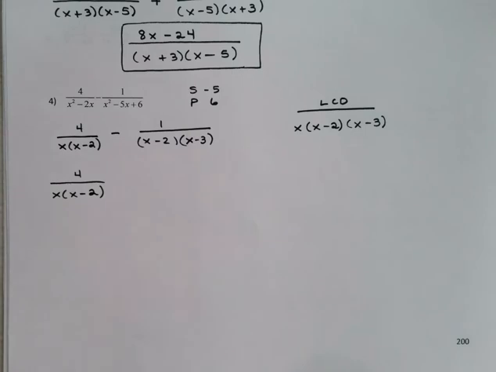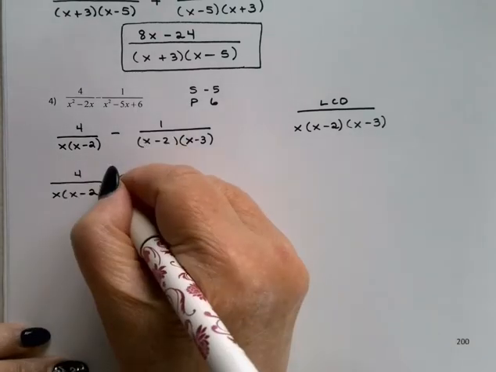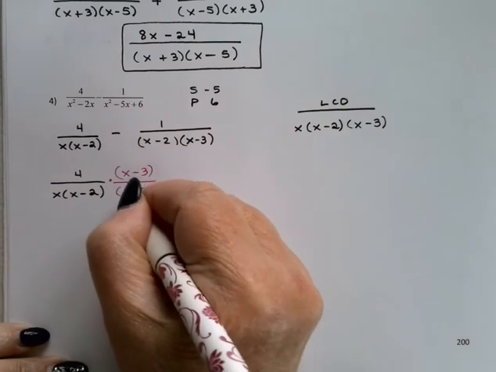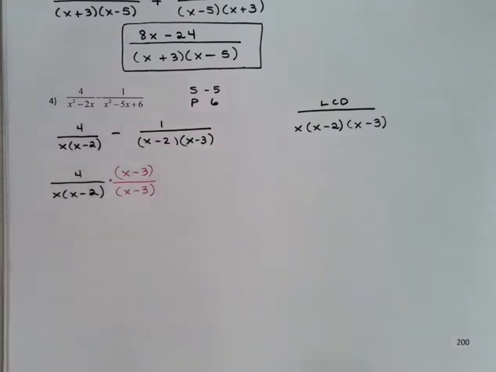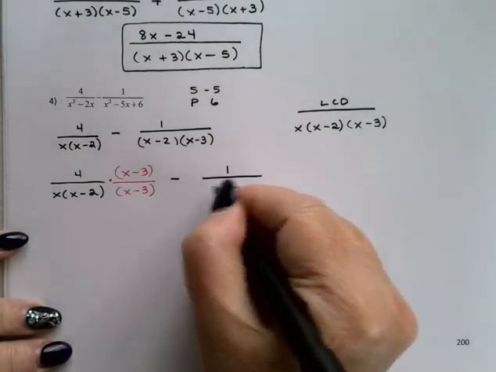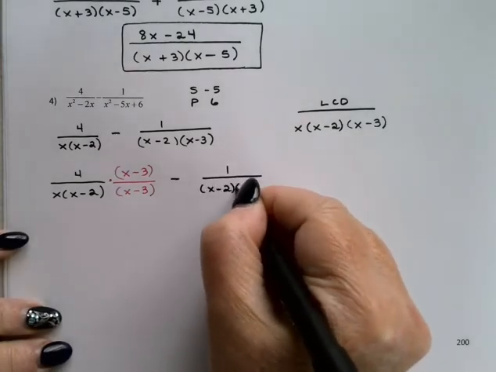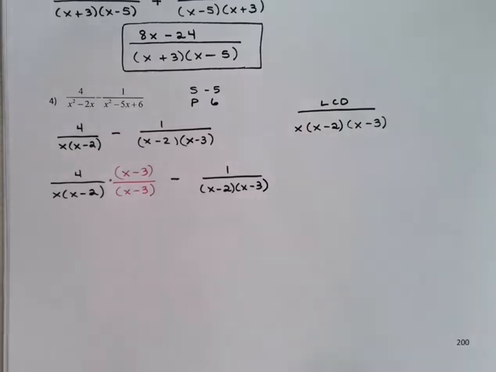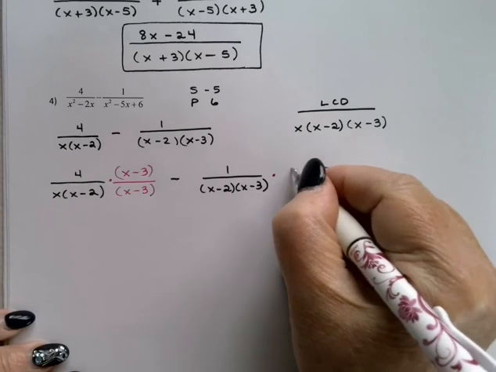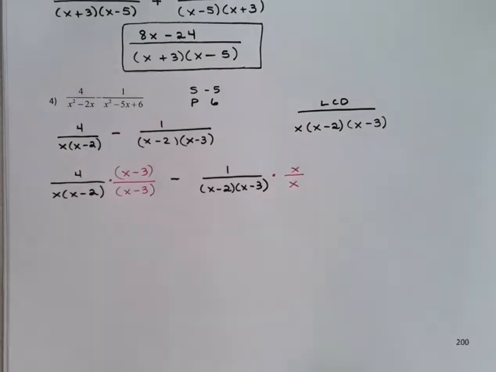All right, my first fraction is actually missing that x minus 3 from its denominator. So I'll go ahead and multiply by the form of 1, x minus 3 over x minus 3. My second fraction is just missing the x. So I'll multiply by x over x.